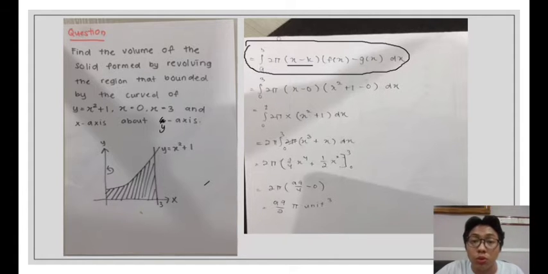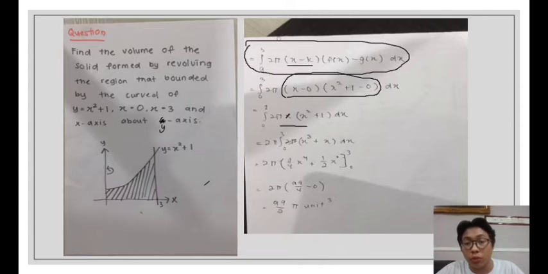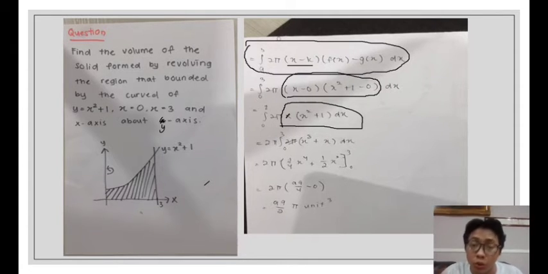From this, we need to get in all the values of the variables. From this, we need to multiply it and get x times x squared plus 1 dx, and we will get this. From this, we need to multiply it and get x cubed plus x.